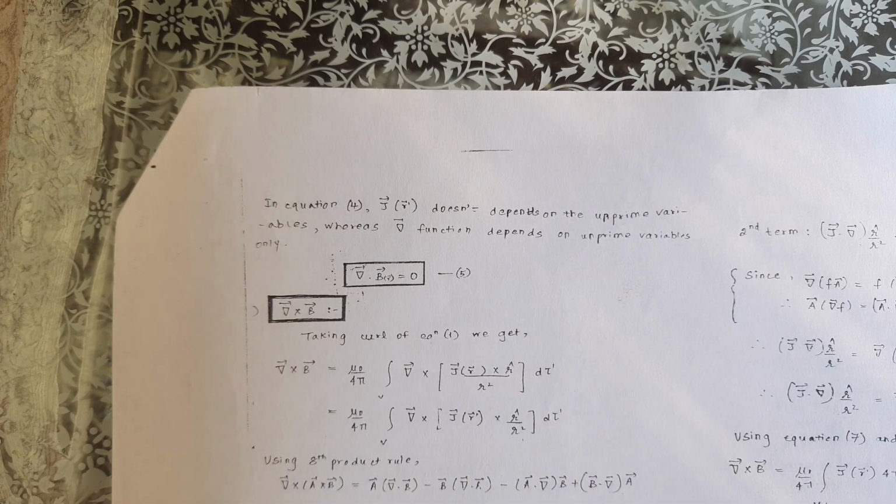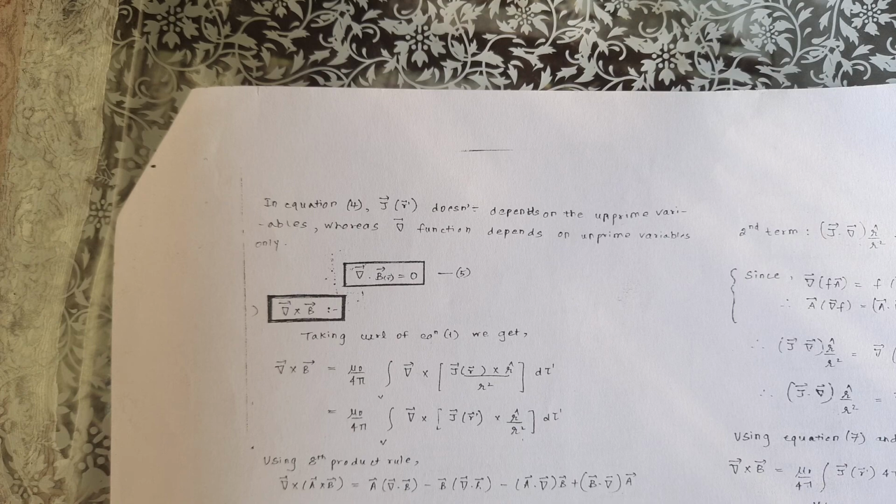Now we will find out the curl of the magnetic field B bar. We have already proved that del bar cross B bar is equal to mu 0 J by considering the field due to an infinite straight wire. So by using Biot-Savart's law, we take the curl of it.